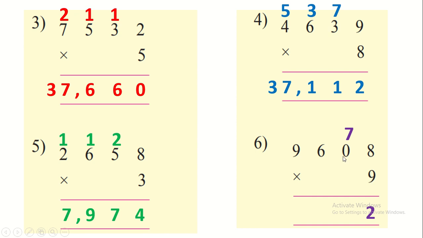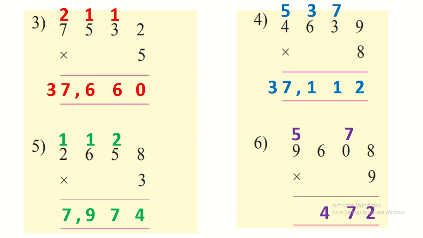Okay, 9 times 0 is 0, since any number multiplied by 0 is 0. Plus 7 is 7. Write 7. 9 times 6 is 54.